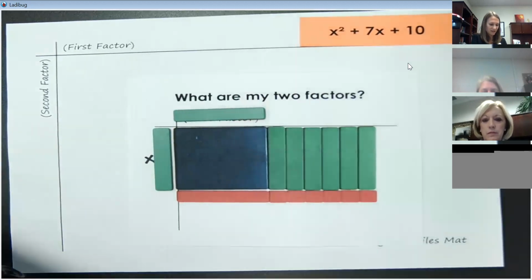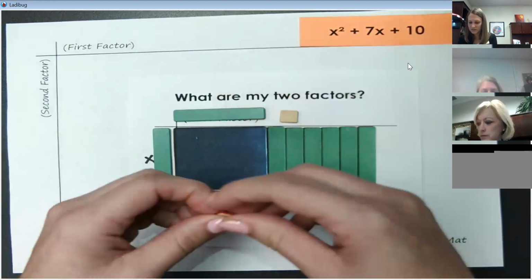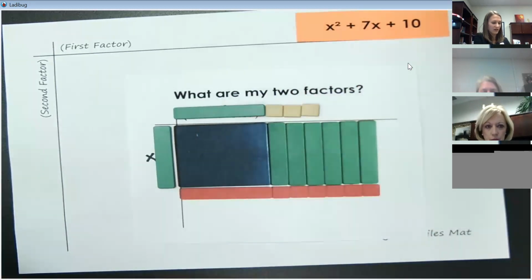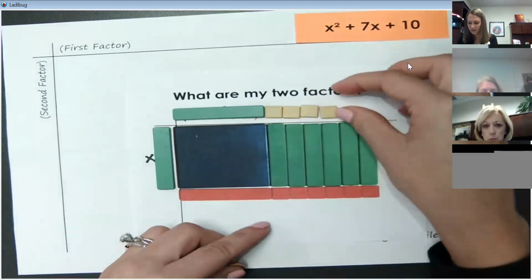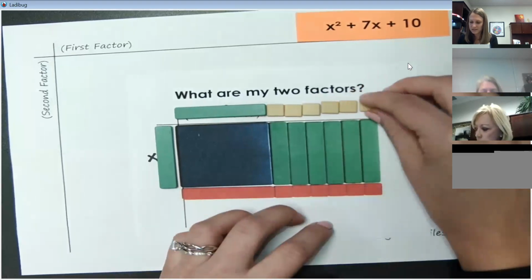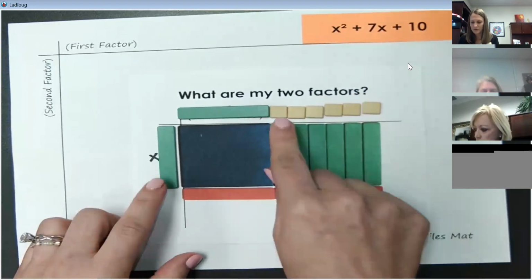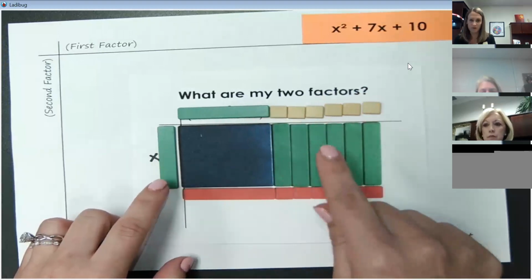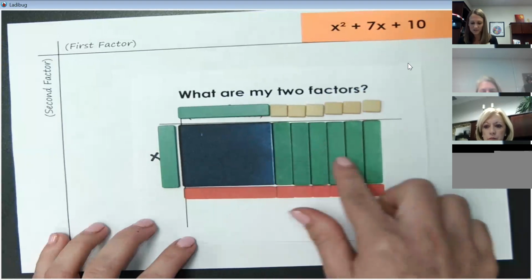So I could take those 6 positive units and have them represent it. Personally, I would have them physically do it so they don't get confused about the fact that they're seeing 6 x's. But remember, that was really x times that positive 1 unit when we went through and found the constants. So we've got 6 right there.